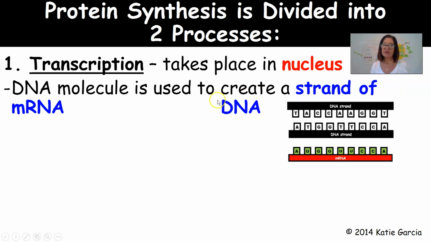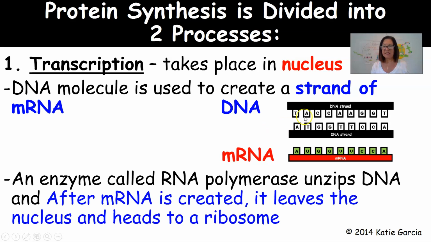So if we look at our picture here, we have DNA, and out of the DNA, we made a strand of mRNA, messenger RNA. And remember, if you looked at my video, what separated the DNA was this thing called DNA polymerase, which was the zipper, right? So it unzipped the DNA, so therefore we could create that strand of mRNA.